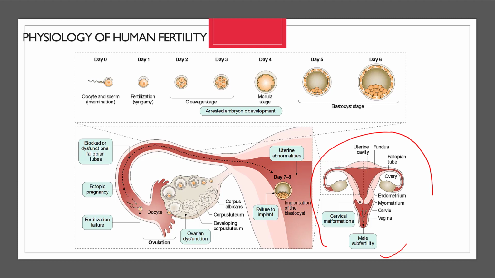Then the sperm has to travel up, go to the ampulla, and there meet the oocyte, which comes from the ovary. If there is a difficulty down this path, from the ovary, or in the male, the sperm, we will have problems in achieving a pregnancy.